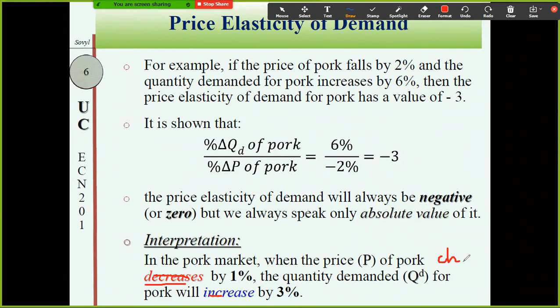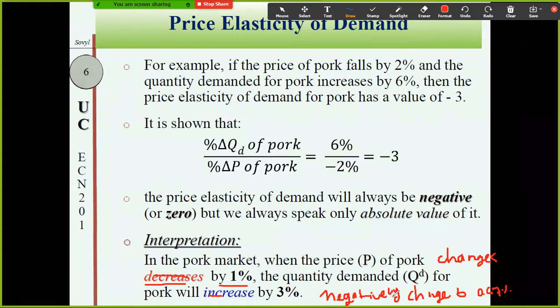Oh, sorry, not change, that's one. However, change by 1%. The quantity demanded for that product will negatively change by 0.67%.